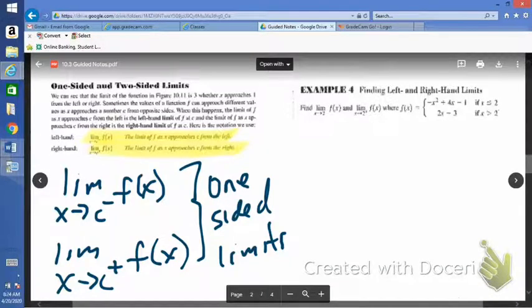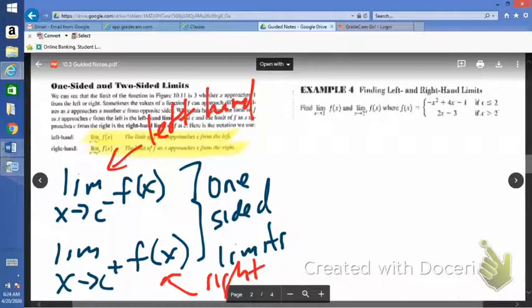Now, in example 4, we want to find the left-hand and the right-hand limits. All right, so let me go one step further. Okay, so these are both one-sided limits. That right there would be a left-hand limit, and this would be your right-hand.